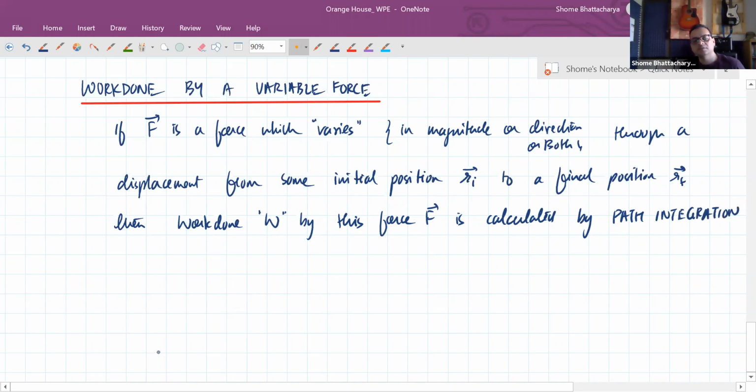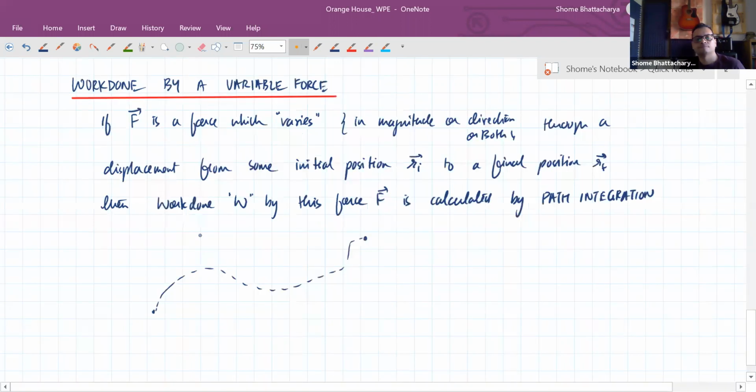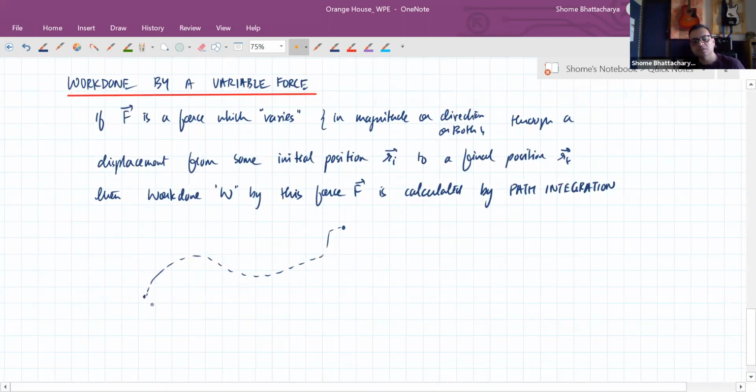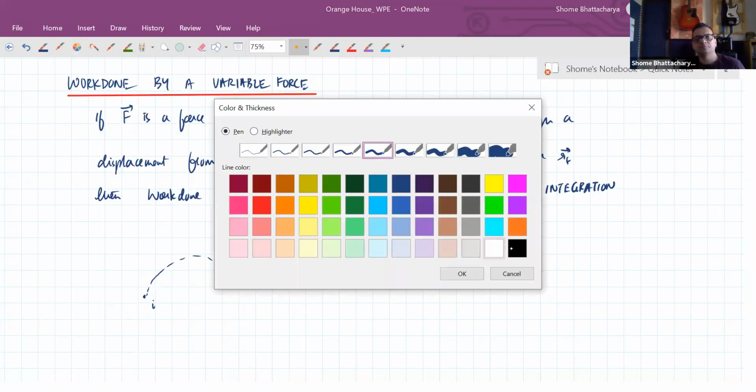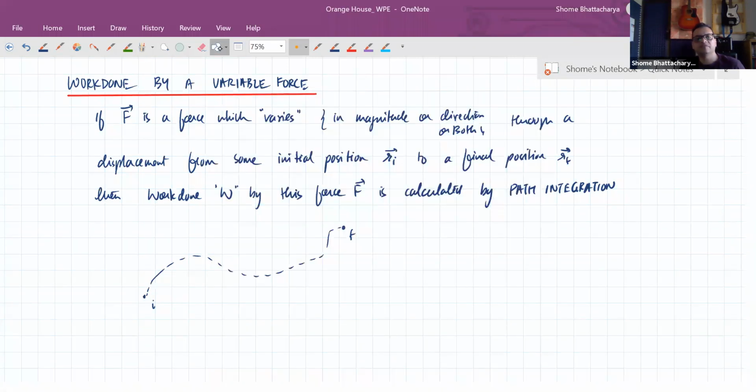Okay, so imagine I have a situation where this is the initial position of a particle and it is being moved from this initial position via some path like this to this final position. So this is my initial position, my final position. Okay. In proper vector algebra, we represent position, as you know, as a vector.